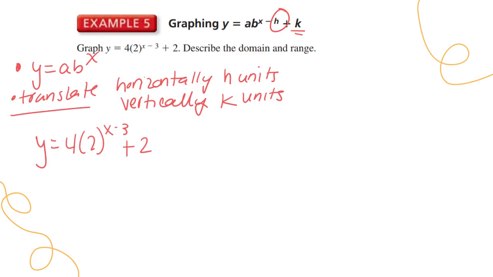So first, let's input a graph. If you recall, in example 3, we had y equals 4 times 2 to the power of x, which we had 0 and 4, and we had 1 and 8. So we had those points.